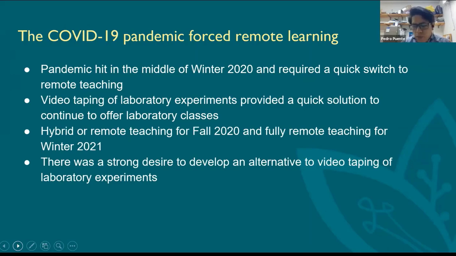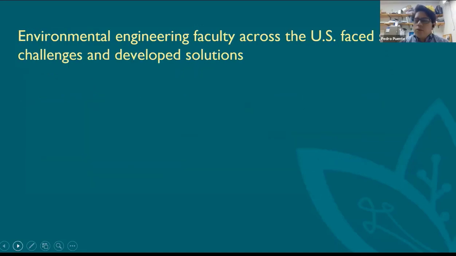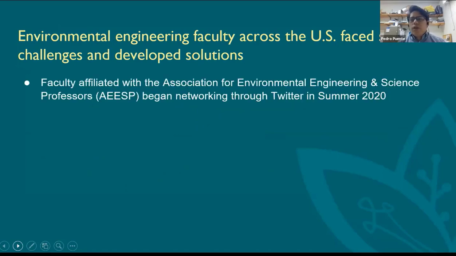But as the pandemic moved on over the summer and over to fall 2020 and winter 2021, we had the chance to improve this way of teaching, and there was a strong desire to move away from that videotaping and have the students take a hands-on experience, a more realistic, more valuable experience. So I'm going to let Susan explain how this initiative started.